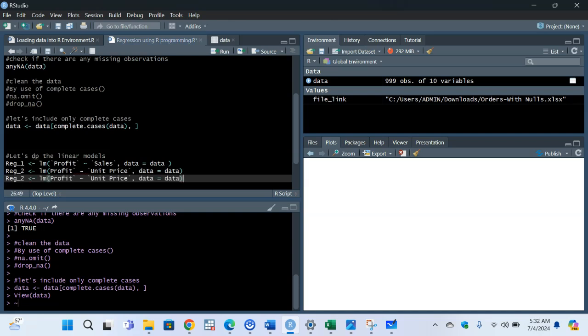Then the other model that we want to run, we call it regression 3. We run profit against, what would we run? Against order quantity.